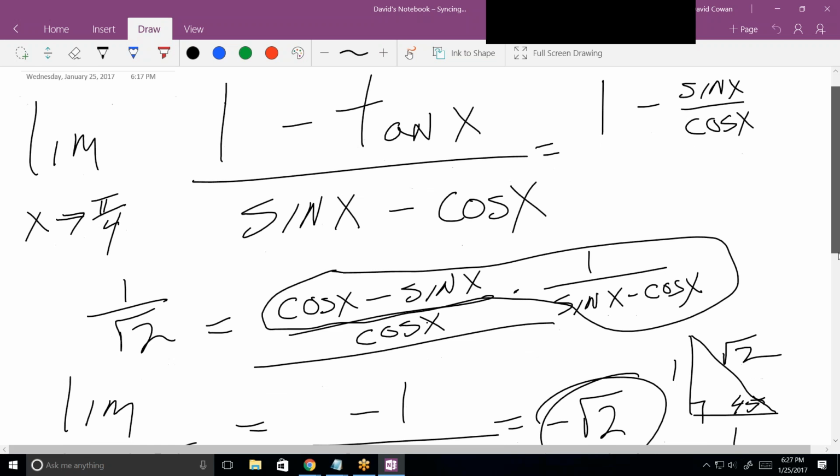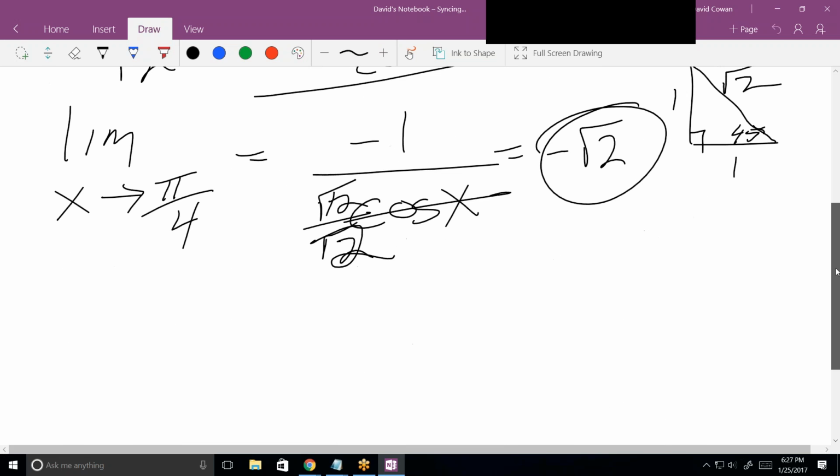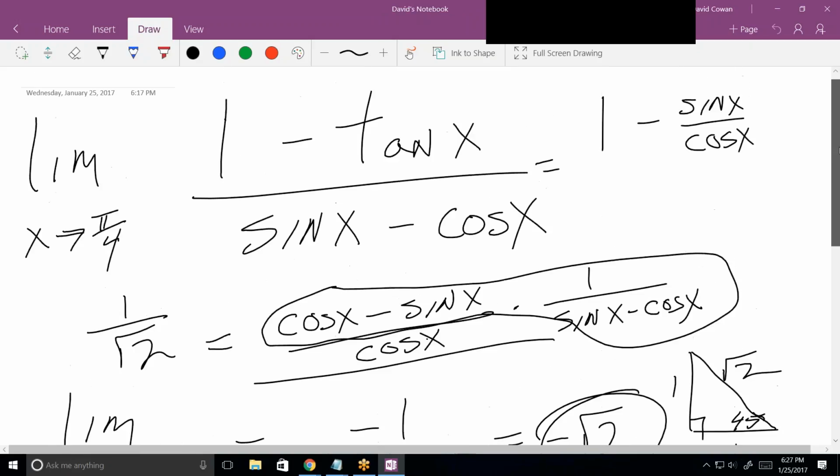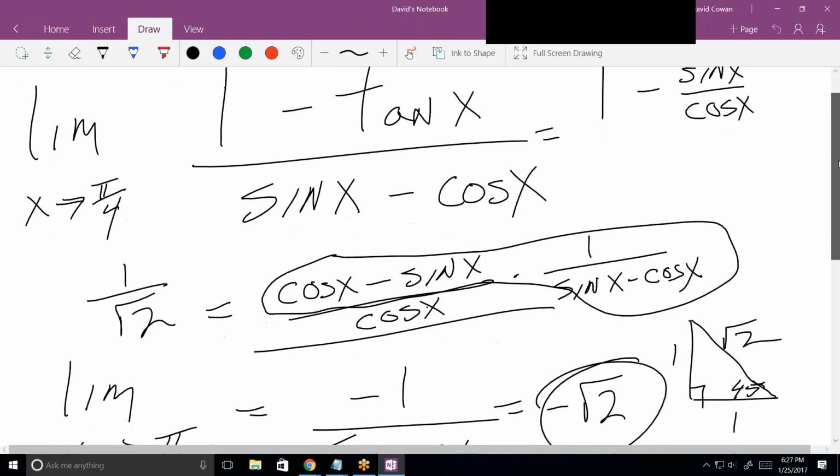So I guess I can flip that and multiply as long as I flip the whole thing and make it sine minus cosine x over 1. Ooh, you know what? I think when I flipped that, I did it wrong. I think I made a mistake. Let's see, that's the numerator. No, I did it right. I did it right. Yeah.